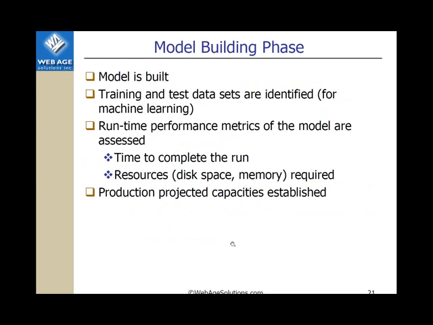Model building: you build the model using any of the available algorithms. Currently, it's just amazing the amount of effort that people are putting in, in the language of their choice, for any data science type of work. Python, R, Scala.